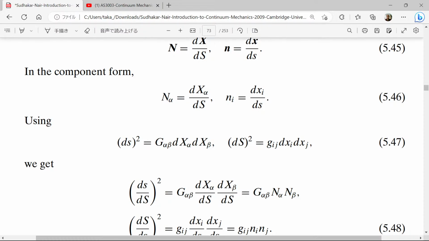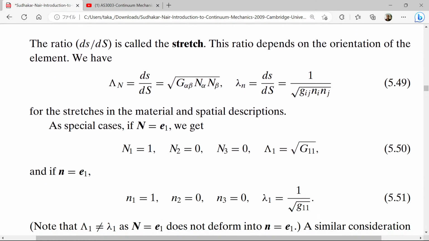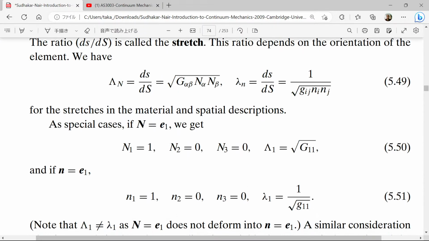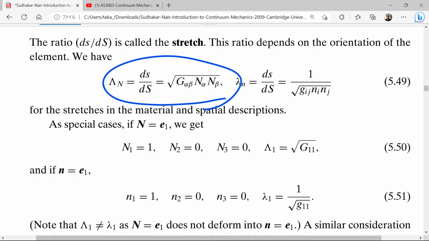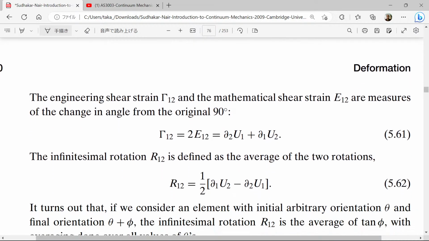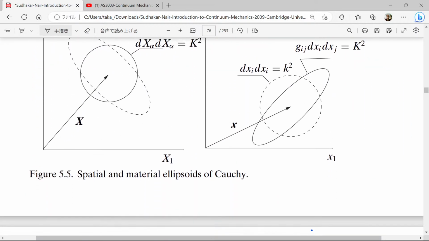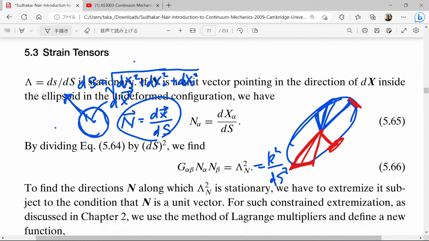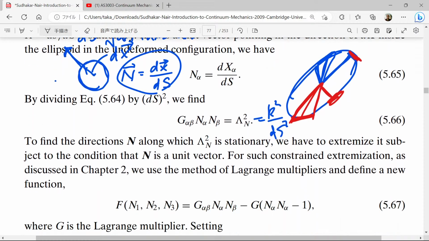Here we already learned it. We already learned this. So then we use this one. So we have lambda n. This is lambda n squared. It's strange. We have already done this.